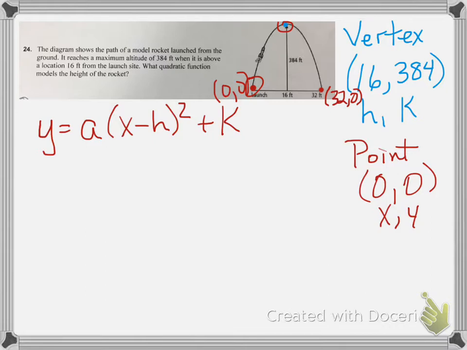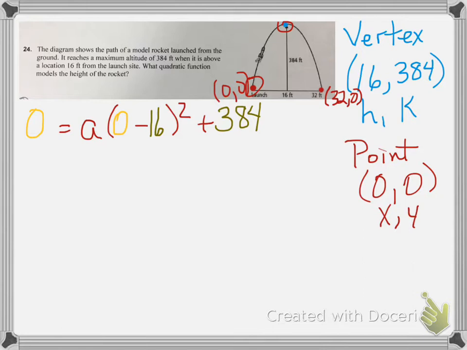Let's substitute for our h and our k. What's my h? 16. My k is 384. My x to begin with is what? 0. And my y is what? 0. That's also 0. All right.